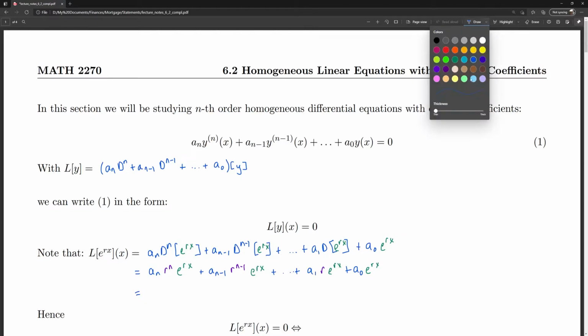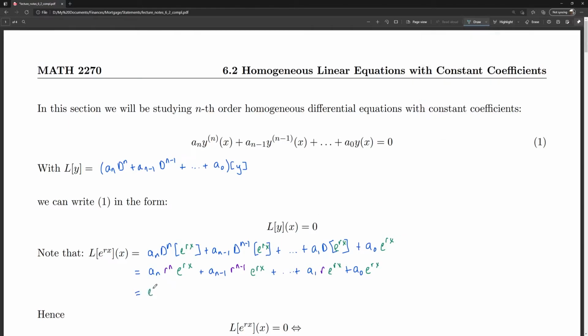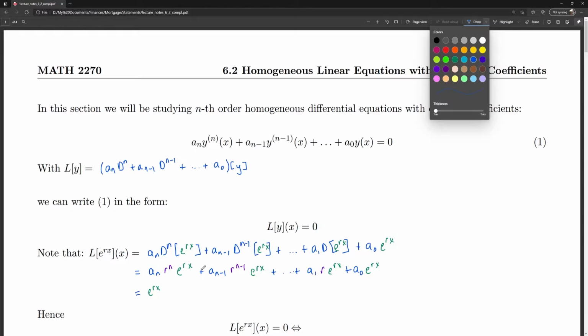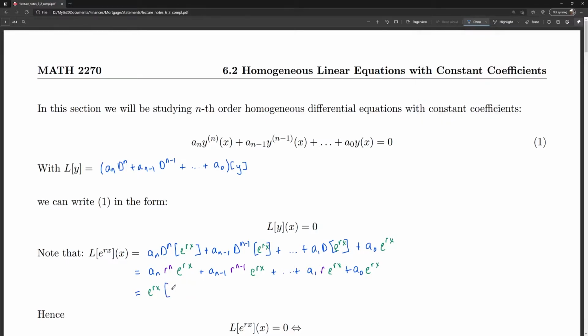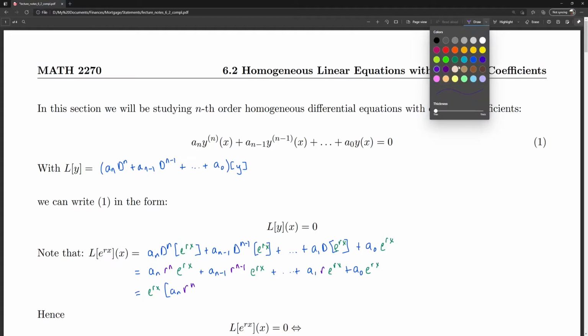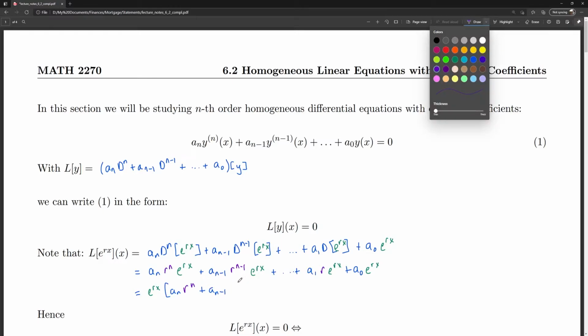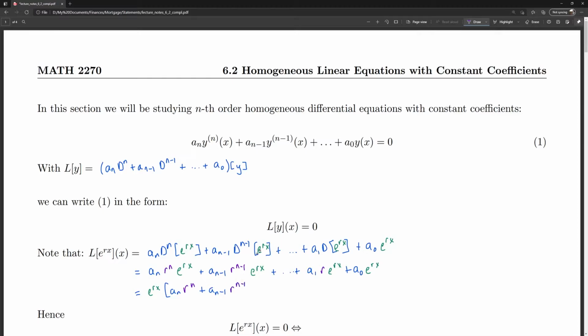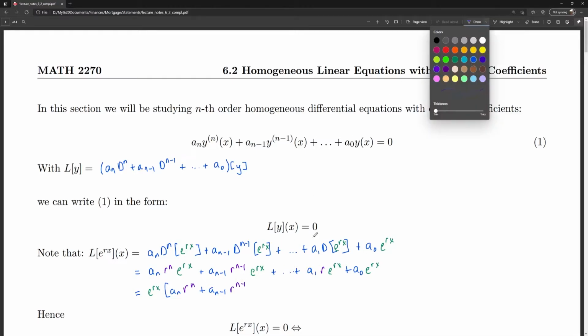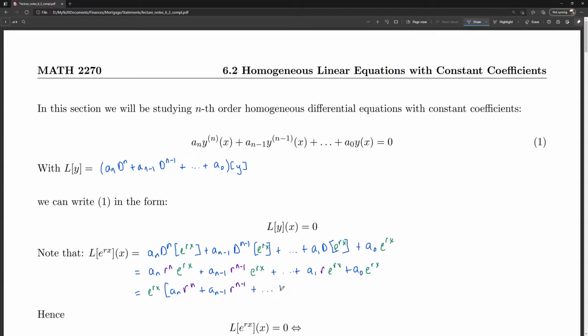So if we factor out the e to the power rx, then what we're left with is the following: a sub n times r to the power n, and then plus a sub n minus 1 times r to the power n minus 1, and then plus a1 times r.